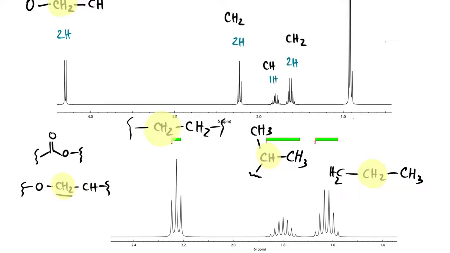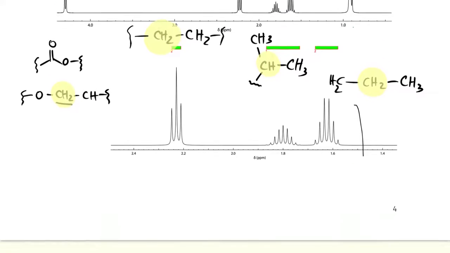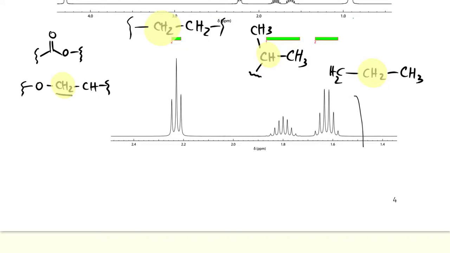Okay? So I think we have all the pieces. Now let's try to put them together. All right. So let's start with the ester group, because that's not going away.